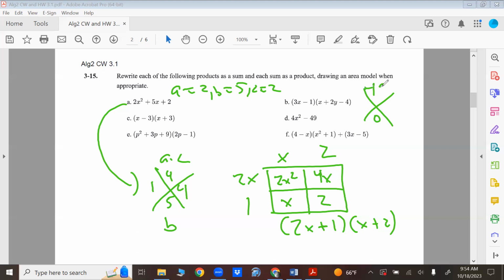That's negative 196, which would be negative 14 and 14. But the bottom line is, it's the difference of 2 squares. So you could just always go straight to the factor form too: 2x minus 7, 2x plus 7. But if you want to do the diamond, you could, where you put 4x squared, negative 49, and then negative 14x, 14x. And you kind of work it out. But let's do F, though.